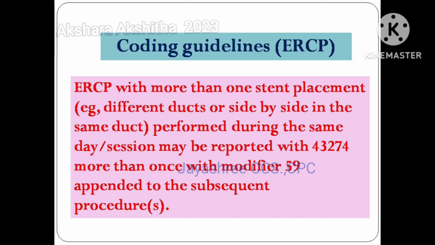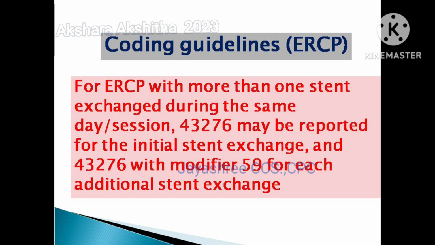The stent placement code is 43274. Same concept for stent exchange: if more than one stent is exchanged during the same session, we can bill 43276 two times with the 59 modifier, if it is the same duct with a different side or a different duct.